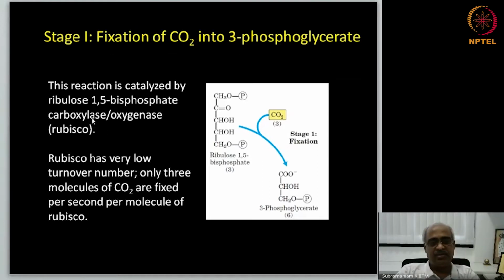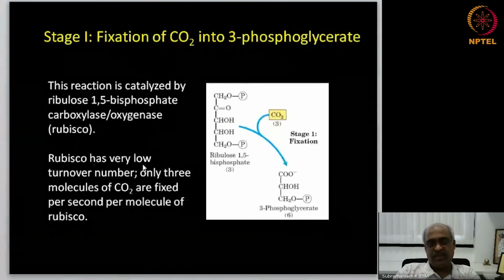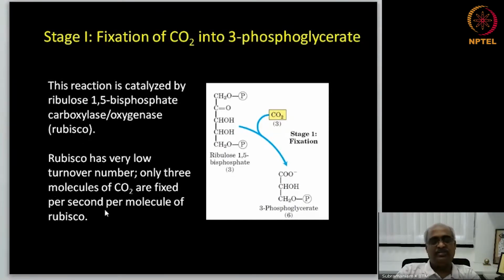It carboxylates, because carbon dioxide is fixed, and it is actually an oxygenation reaction as well, so it is an oxygenase. And this enzyme has a very low turnover, only 3 molecules of carbon dioxide per second. If you compare this with enzymes like peroxidase, catalase, etc., they catalyze several 100,000 molecules per second, whereas here the turnover number is low.